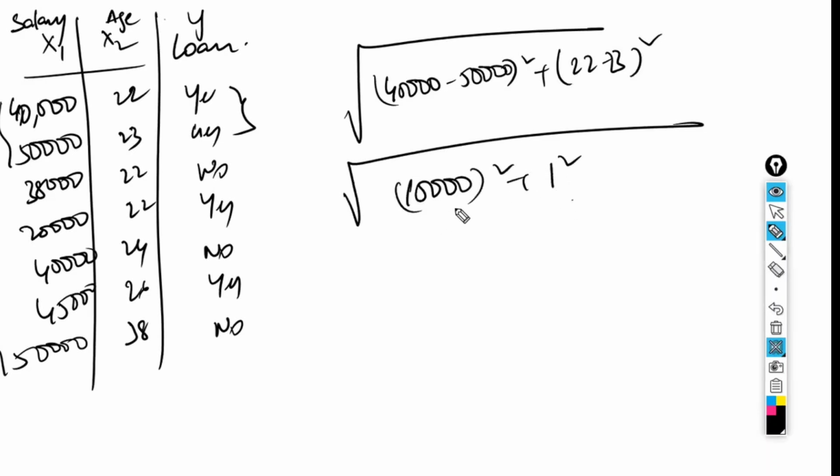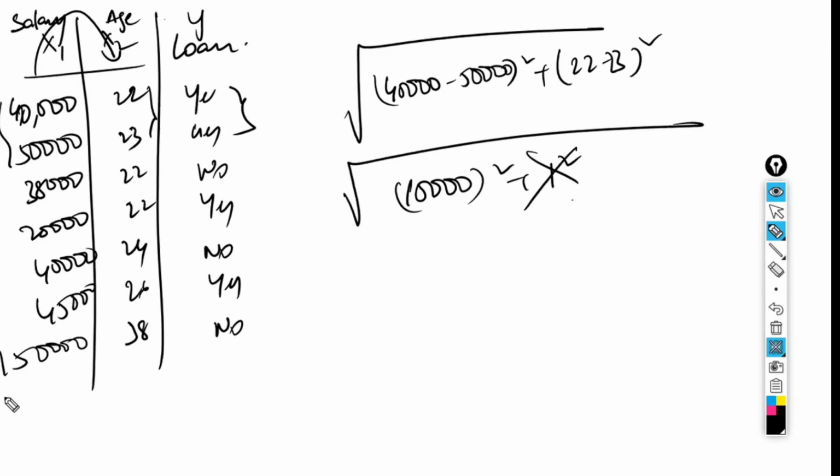This 1 square is simply ignored. So one variable is suppressing the other variable. It is suppressed because it has a smaller difference, so indirectly it has no importance. Both variables we have to give the same importance.